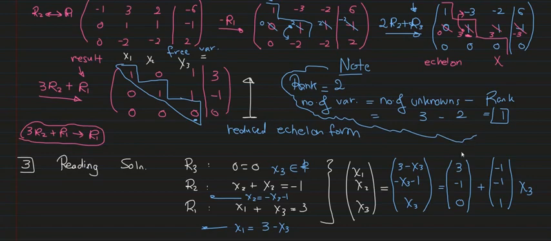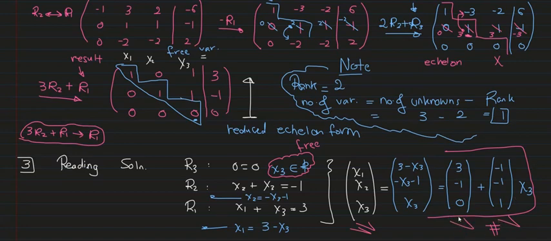Now this final representation for the solution is what is asked. You may write it like this, indicating that x3 was a free variable. You may call it t or r or s, like you find in the solution sheet, and then you can represent the solution like that. So what is required is the vector of unknowns equal to these two vectors, because it's an infinite solution, right?